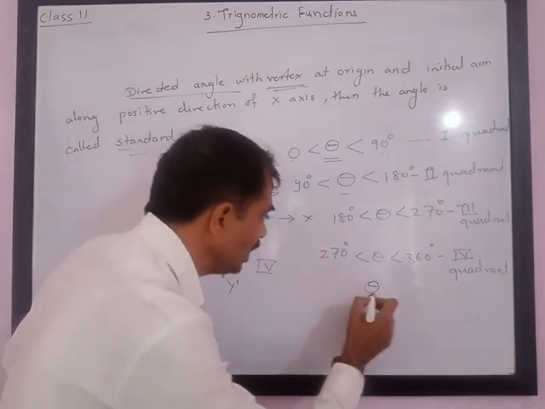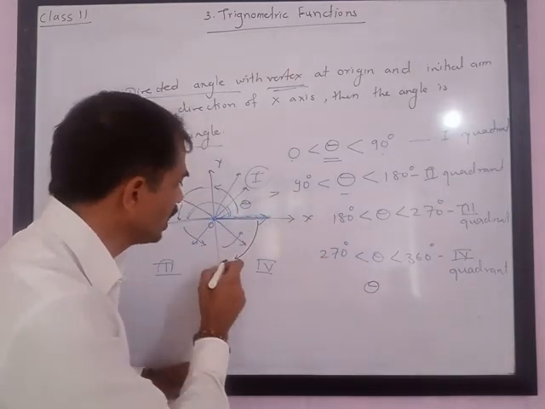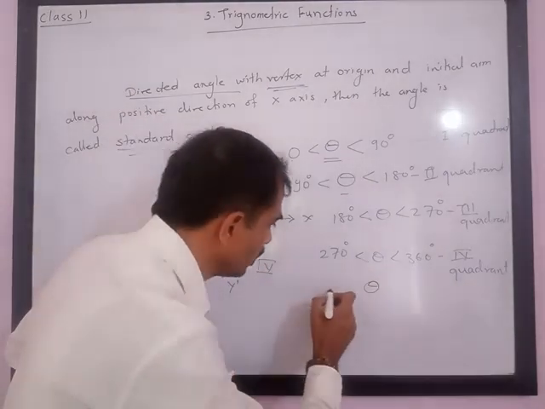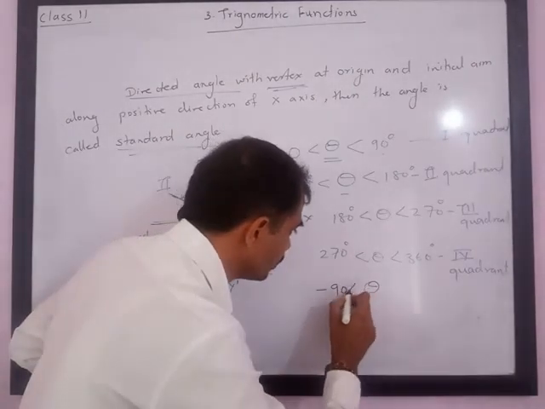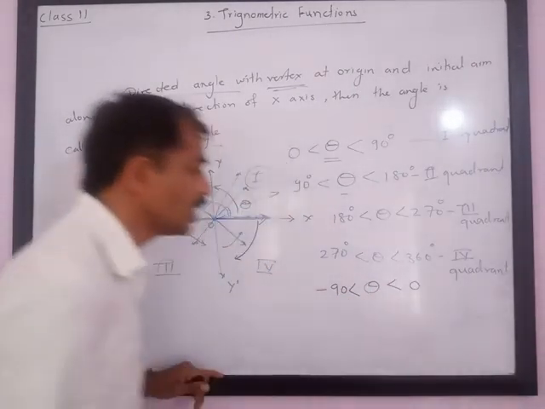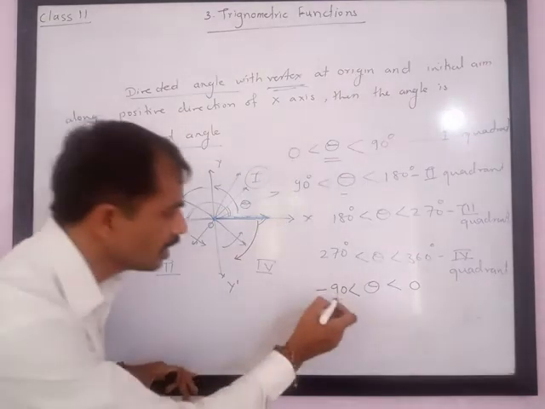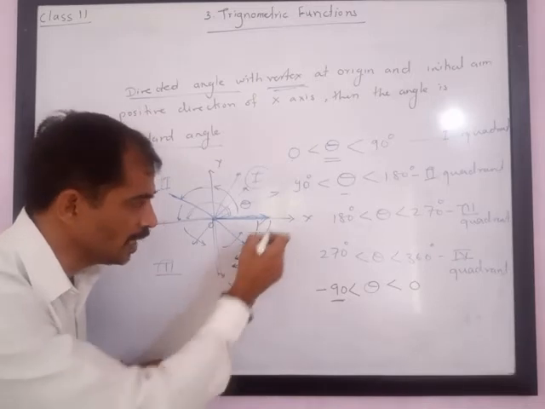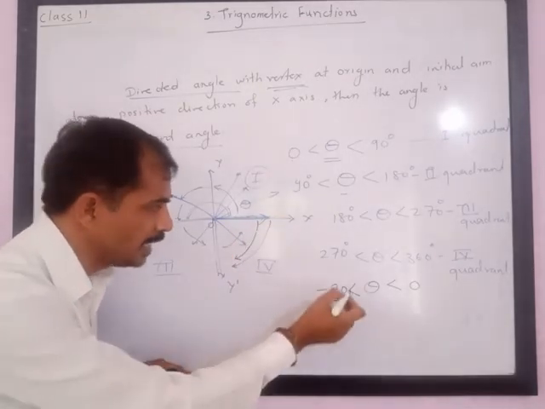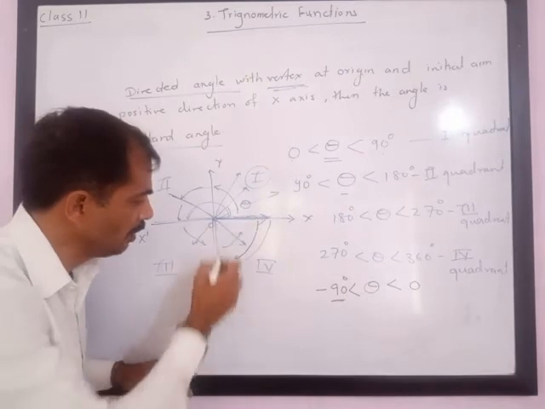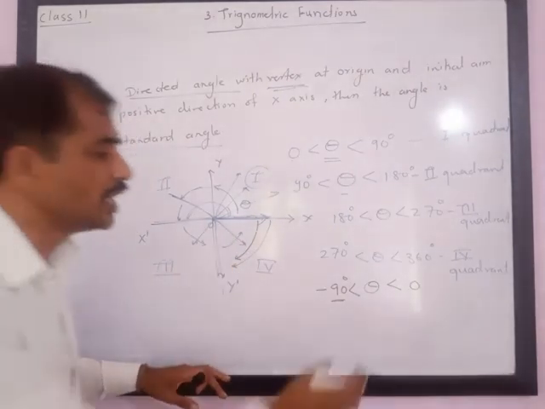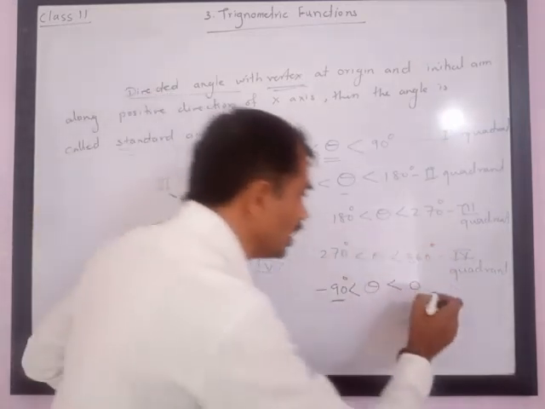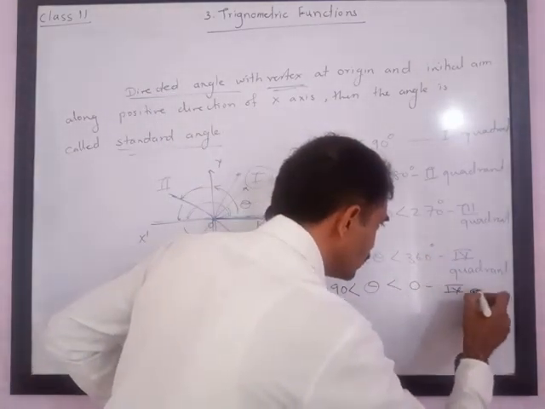If theta is greater than negative 90 but less than 0, this is negative 90 degrees because it is measured in this way, meaning the negative direction of the y-axis. If theta lies between negative 90 and 0 degrees, then it will be in the fourth quadrant.